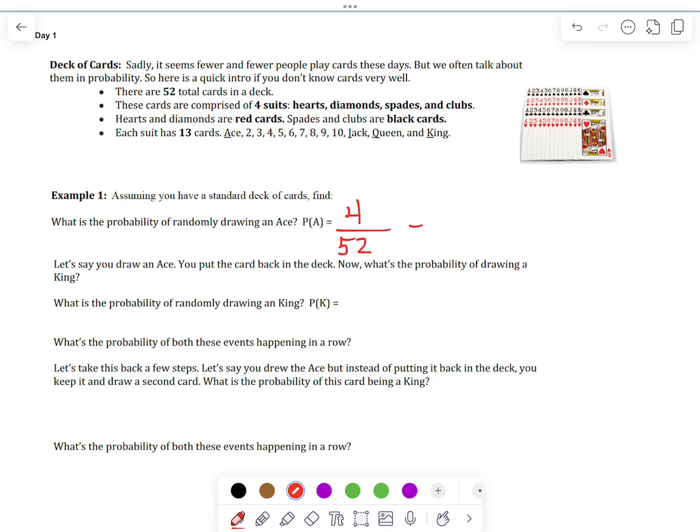And then we reduce that fraction, 1 out of 13. Now let's say you draw an ace. You put that card back in the deck. What's the probability of drawing a king? Notice that you put the card back in the deck. So this is considered an independent event.